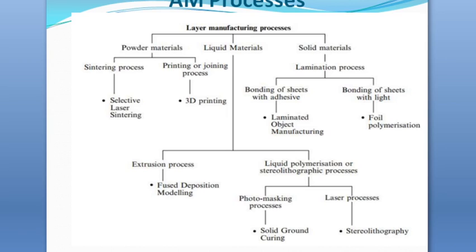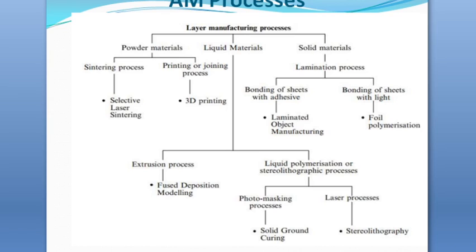These are the methods in AM processes. This also classifies the materials used in AM. Powder materials are used in sintering process and joining, printing or joining process. Printing or joining process is called 3D printing. The sintering process is called SLS, selective laser sintering.